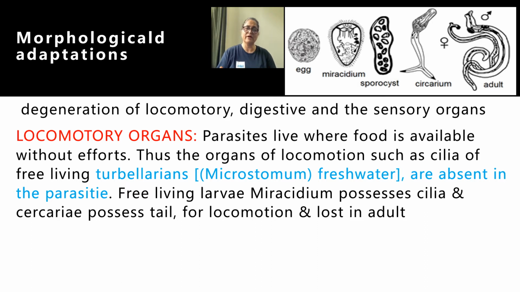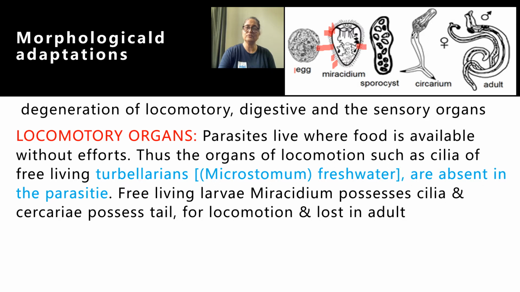But their free living stages have some locomotor organs. For example, here in this figure you can see the egg. From the egg it comes to the miracidium. Here you can see the minute ciliary structures, because it is a free living stage of these parasites. It lives in fresh water, so it has the locomotor organ cilia.